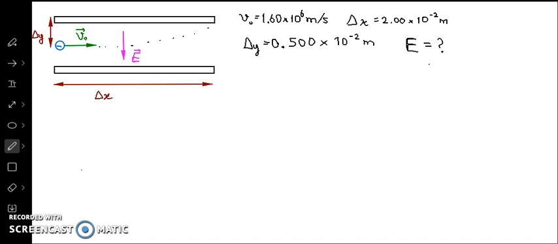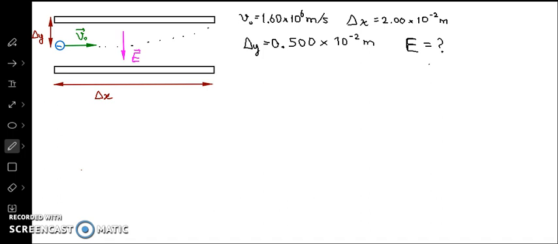So first things first, how can I find the acceleration? I don't know much about the vertical motion. I know the vertical distance that the electron travels, but I don't know how long it takes, and I don't know the acceleration. So I need to know the time to find the acceleration, right?